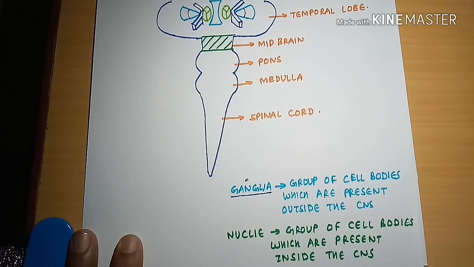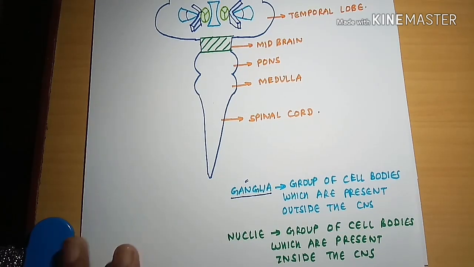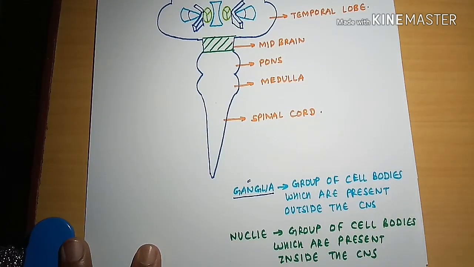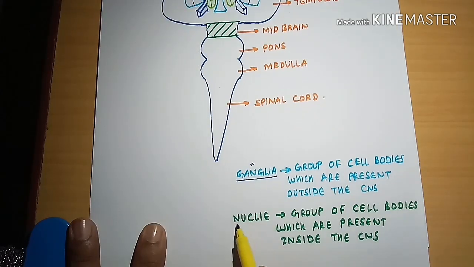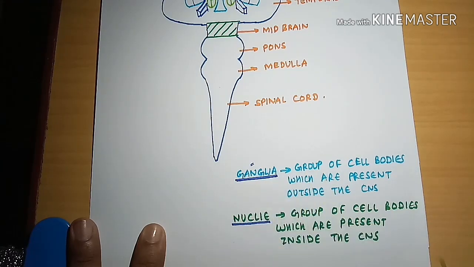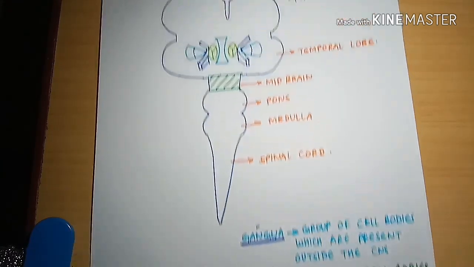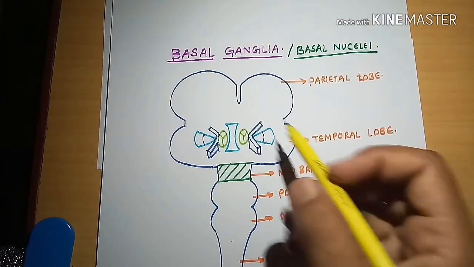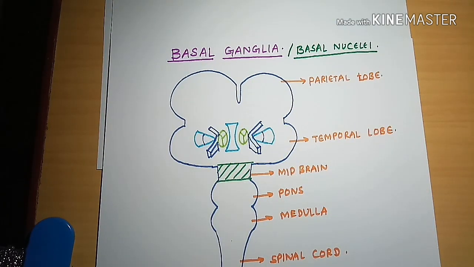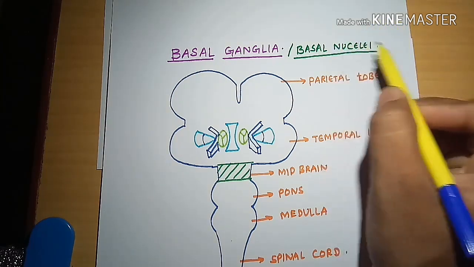But here the basal ganglia is present inside the central nervous system, so it must be called nuclei, because nuclei are groups of cell bodies present inside the central nervous system. So it must be called the basal nuclei. Now the name has been changed; it is called basal nuclei.